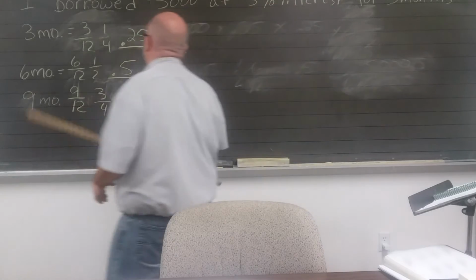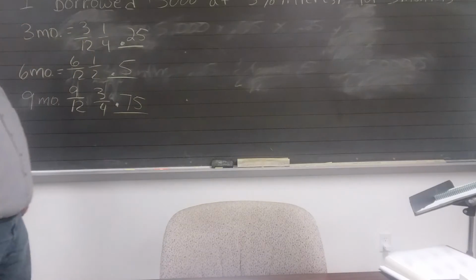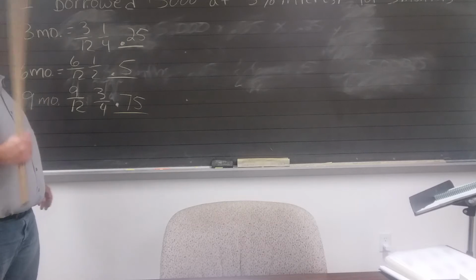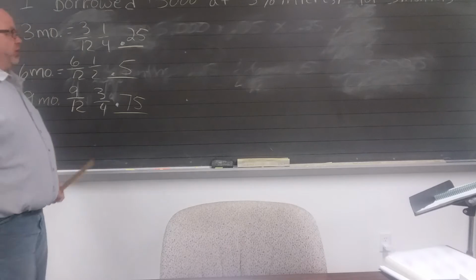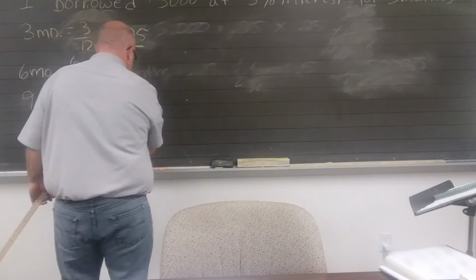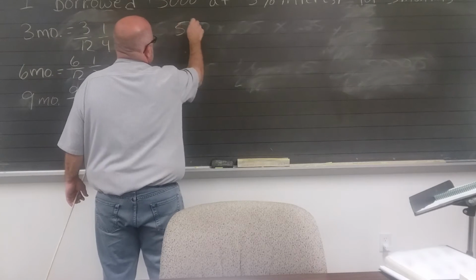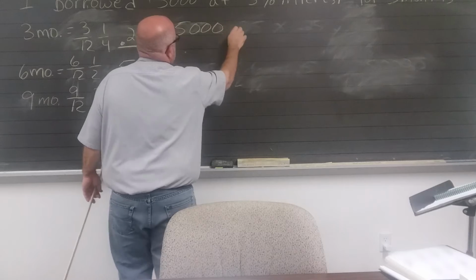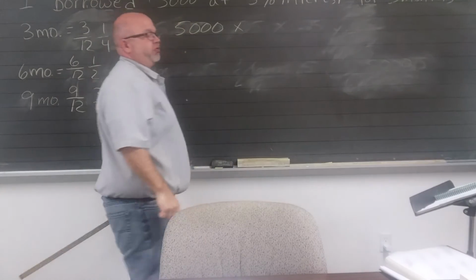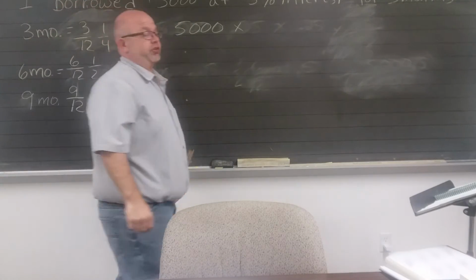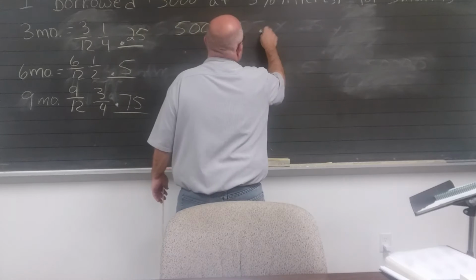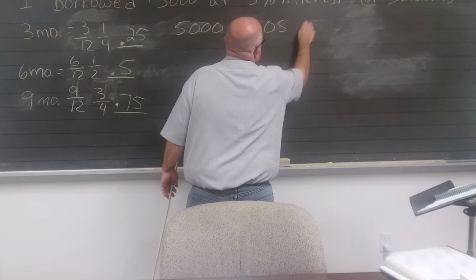All right, so up here I borrowed $5,000 at 5% interest for 3 months. What is my equation going to be? You're multiplying all these. 5,000 times, what's the decimal for 5%? Don't get confused. The decimal for 5% is 0.05, not 0.5.